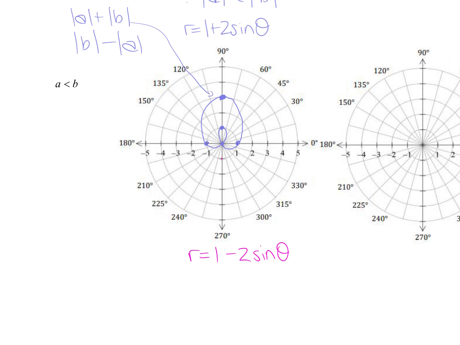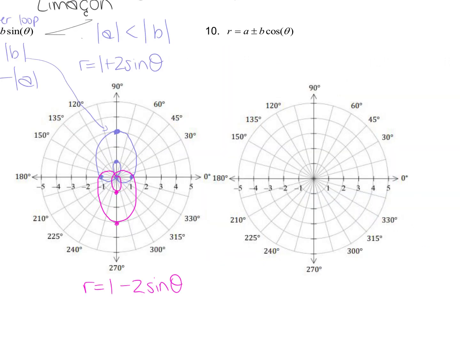So if I graphed that one, it would go through here, out, back, around, loop, but be on the negative y. On this next one, on 10, what's the only difference here? It's a cosine, so it's centered on the what? X. So a version of this could be 1 plus 3 cosine theta.